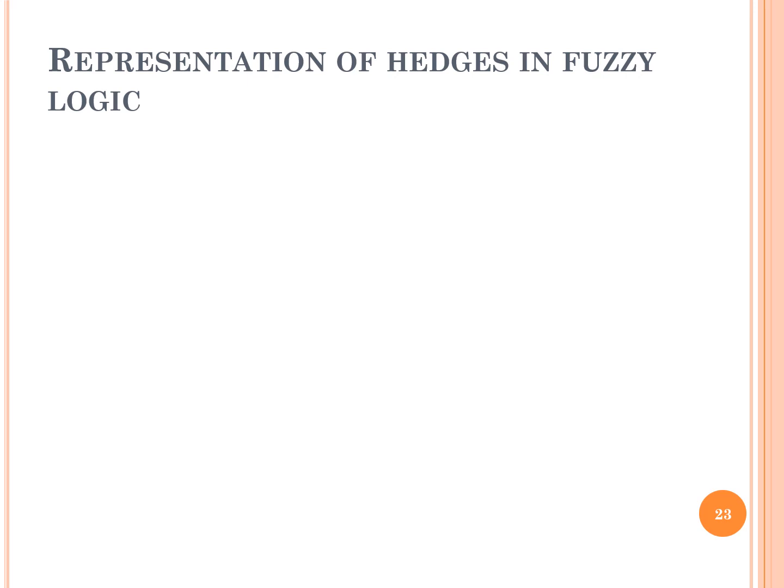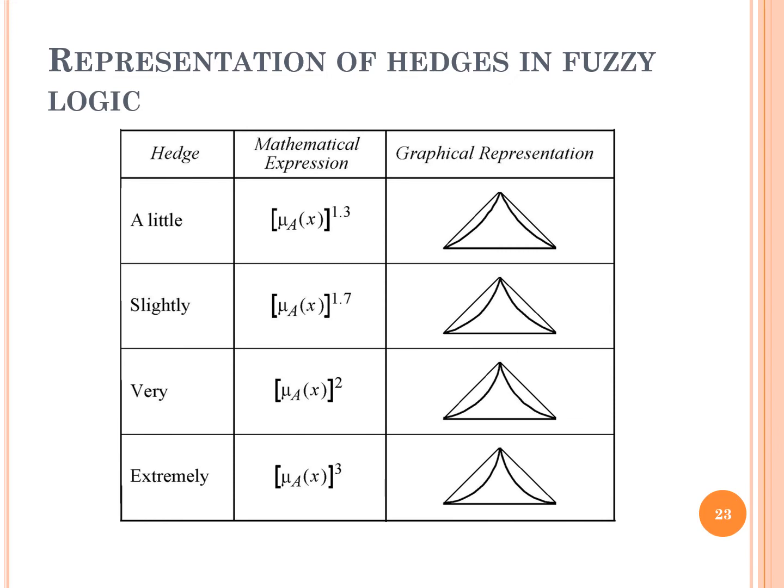Representation of hedges in fuzzy logic. Okay, how we can represent hedges in fuzzy logic. This is an example of hedge. You can have a little or slightly, or very or extremely. In this you can define.